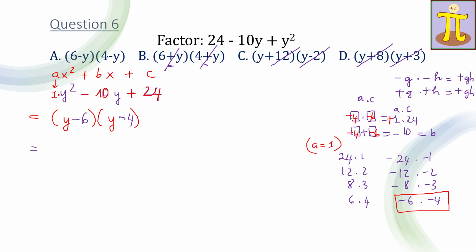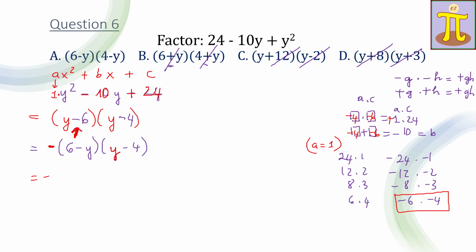Let's say we take out the negative 1 from the first factor here, you will have 6 minus y. I keep the second factor so that you know it's different from the negative we're taking out. If you distribute the negative 1 inside, you get back negative 1 times 6 is negative 6, and negative 1 times negative y is positive y.